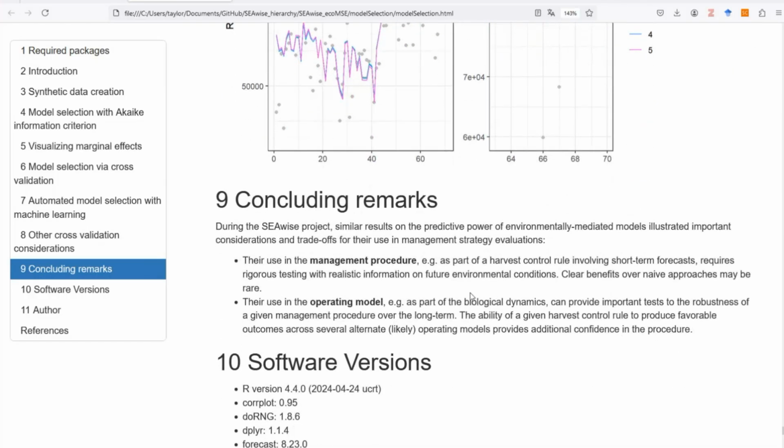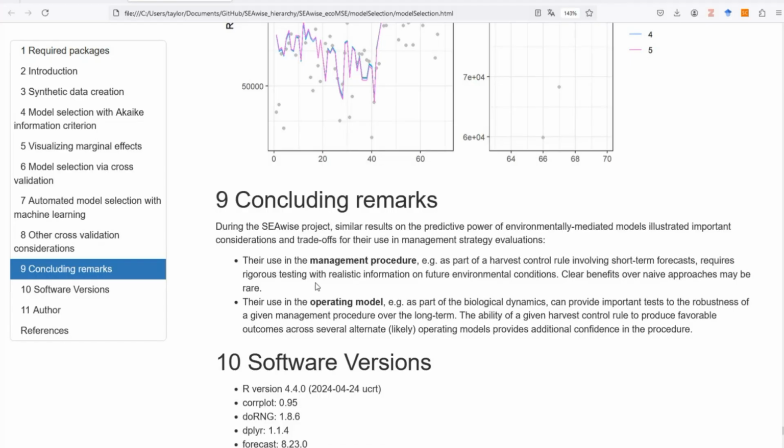Good, then I just have a few concluding remarks, and that being that during the SEAwise project, we had similar results to this synthetic example on the predictive power of environmentally mediated models that for us illustrated these important considerations and trade-offs for using them in MSE. The first is their use in the management procedure.